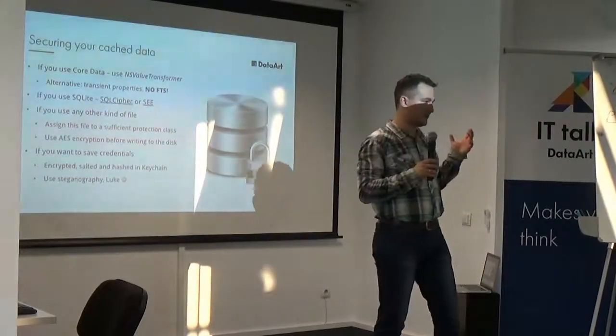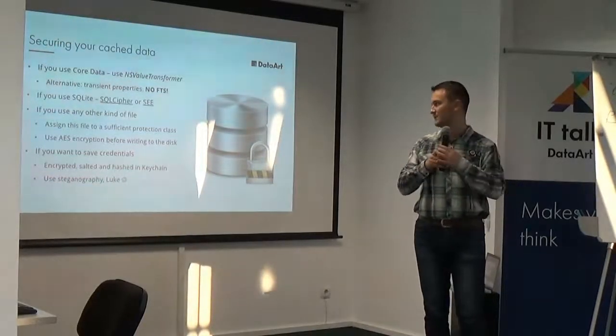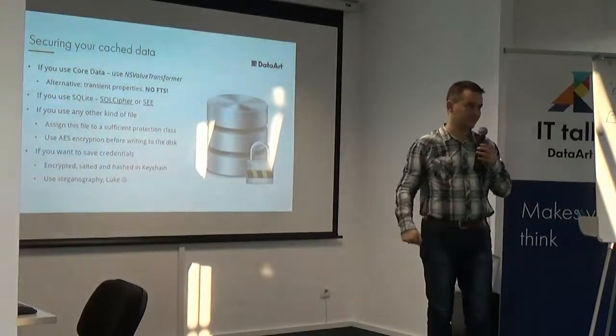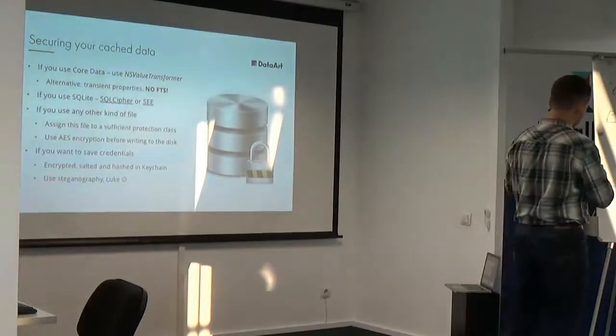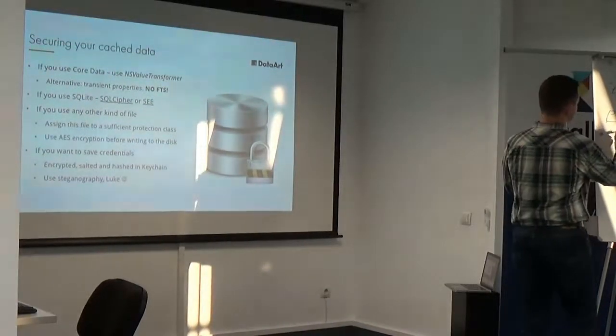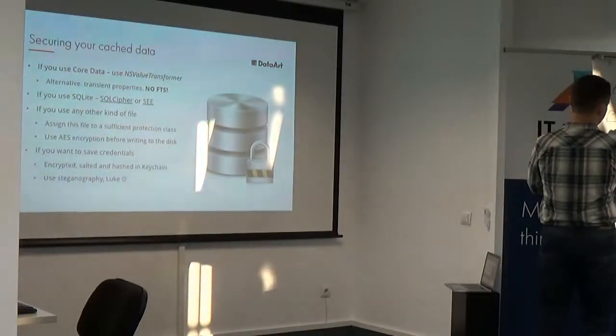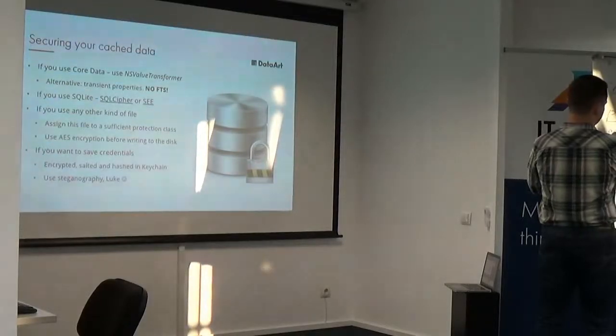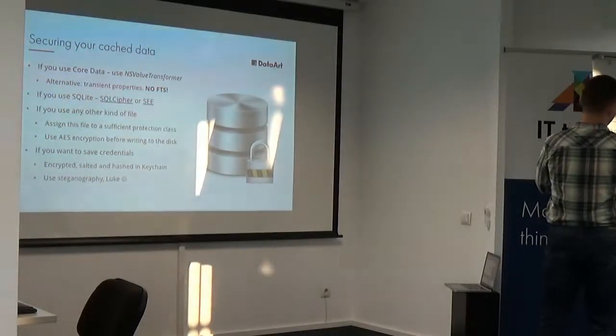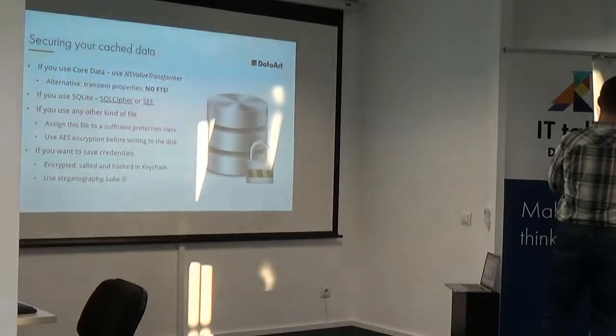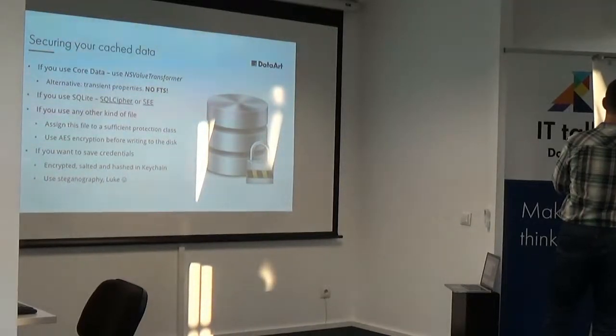The same thing is valid for different value transformers. You may use the same format. Let's say you are using AES 256 GCM, then you use the particular IV, and then here is the encrypted data.